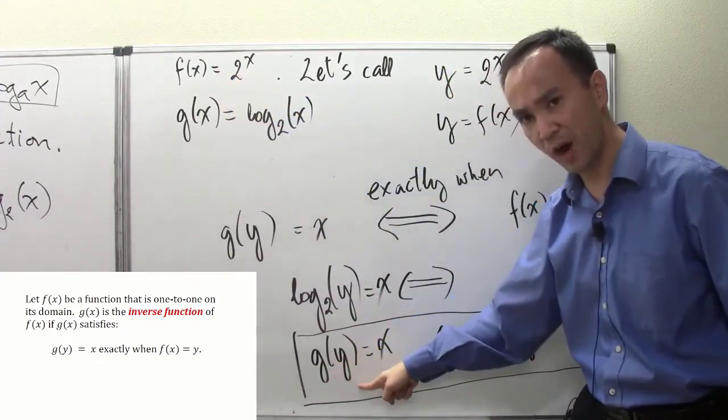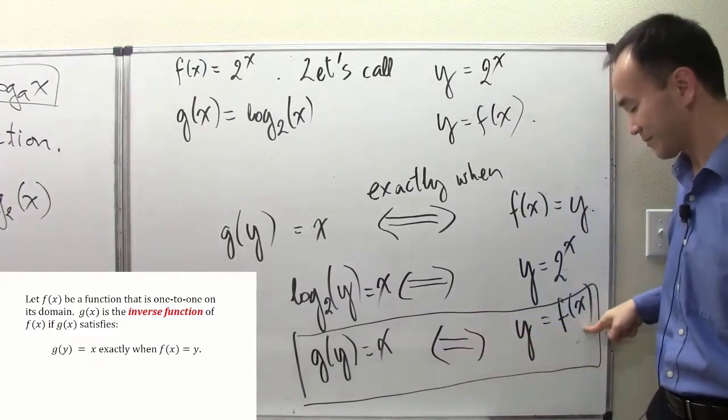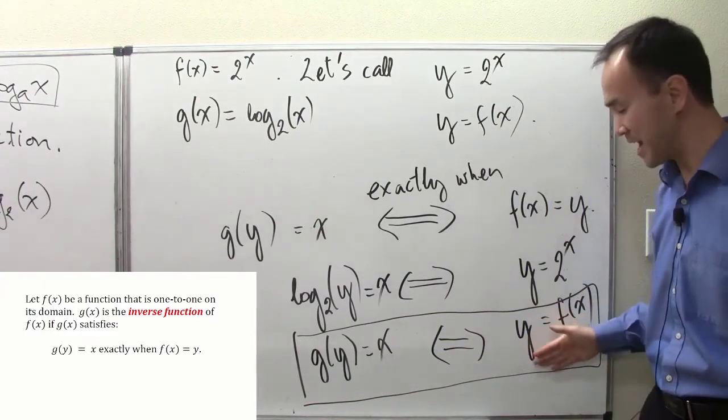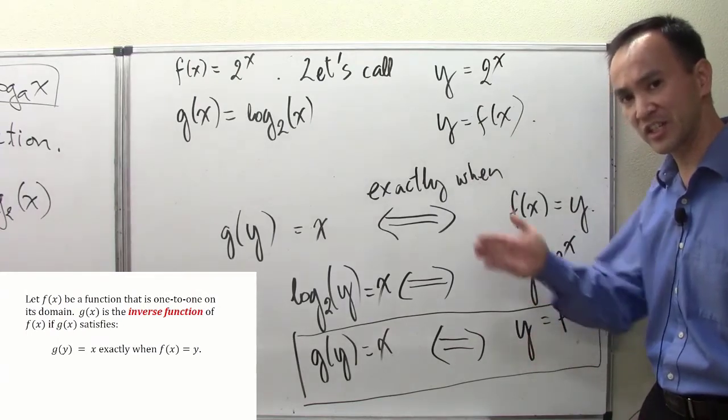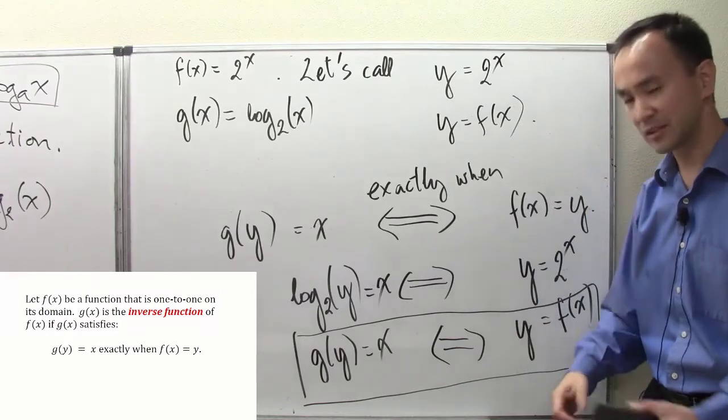See, g of y equals x exactly when f of x equals y. And it's perfectly consistent, agreeing with the definition being stated on the corner of the screen right now.